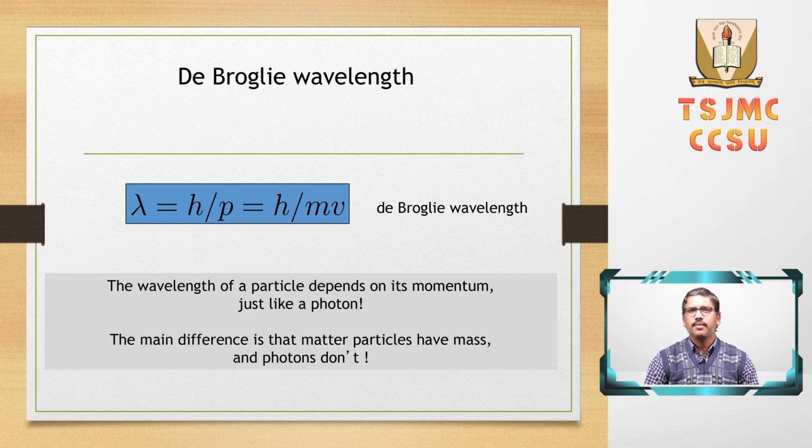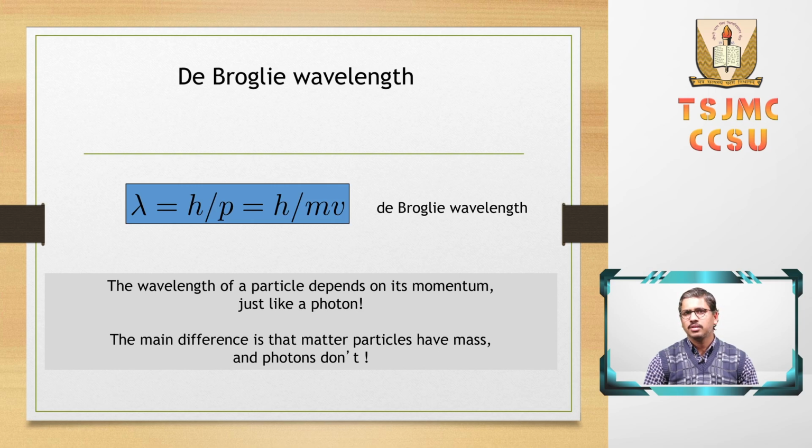As you can see from the formula, if you increase the momentum of a particle, you can reduce the wavelength as much as you increase the momentum. That's why condensed matter physicists use an instrument like the SEM, the scanning electron microscope, to probe microscopic particles.